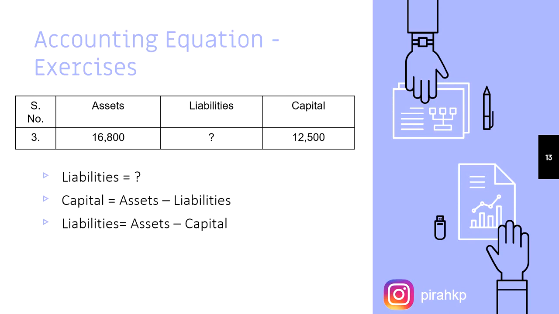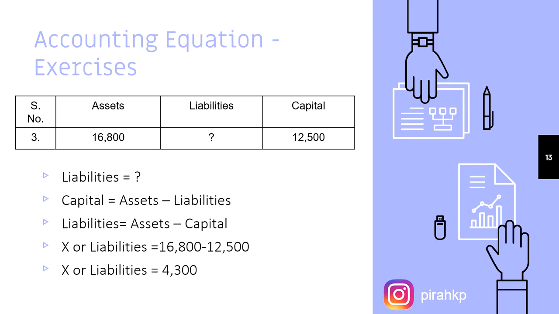Capital goes to the right side and the sign with it changes. Liabilities become positive, capital becomes negative. So liabilities is equal to assets minus capital. Now liabilities is equal to 16,800, which are our assets, minus 12,500, our capital, which gives us the liabilities of 4,300.